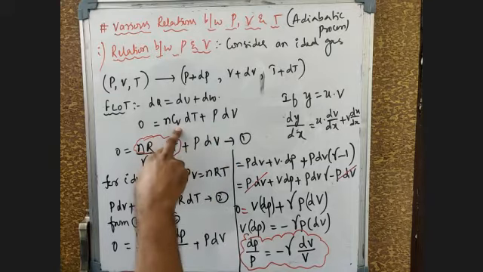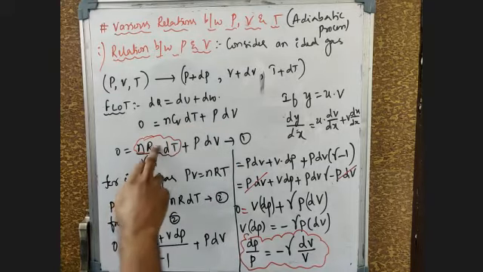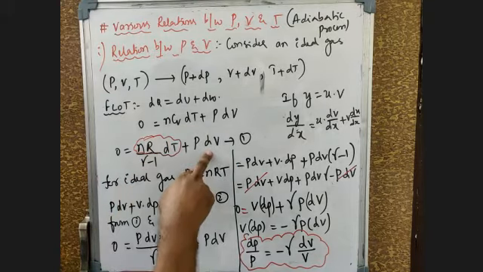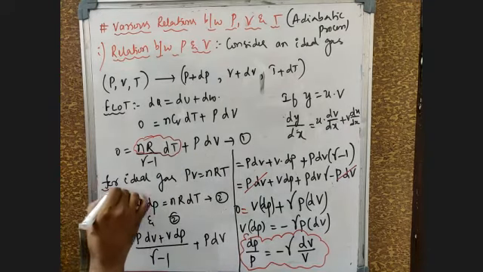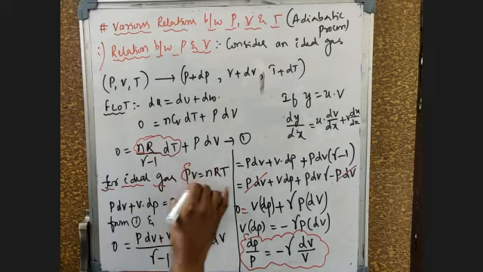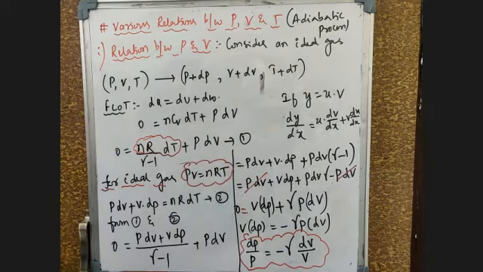Cv is R by gamma minus 1, so dU is R by gamma minus 1 into dT. For an ideal gas, PV is equal to nRT. Differentiating, P dV plus V dP is equal to nR dT.